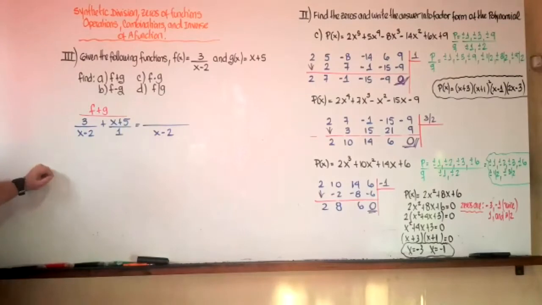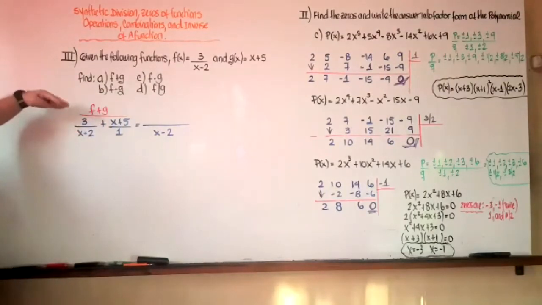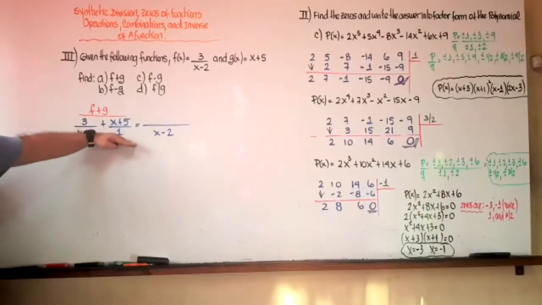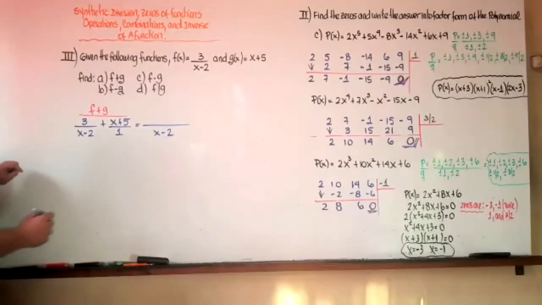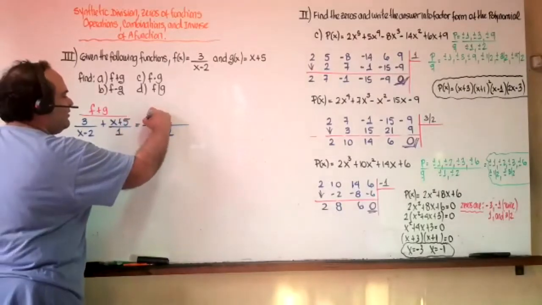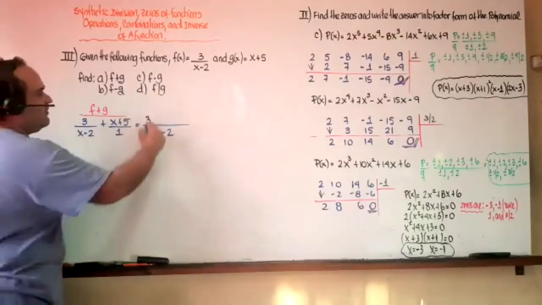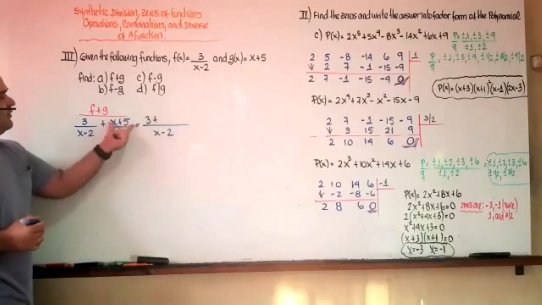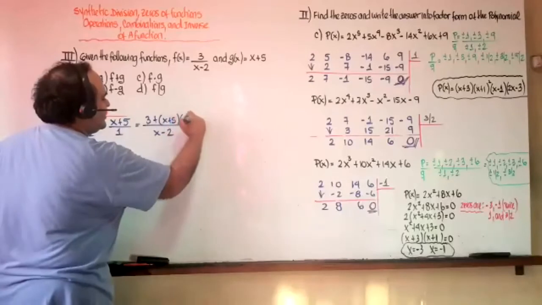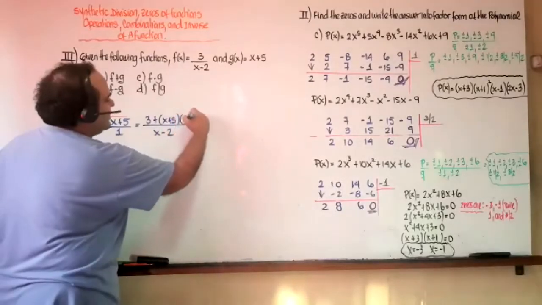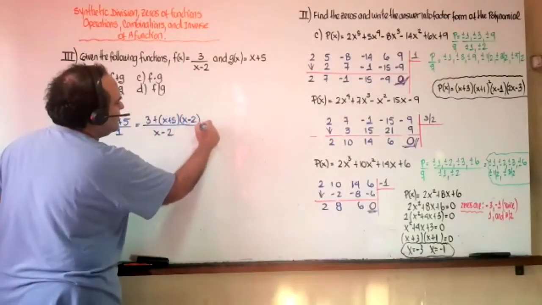Now the next step, we're going to apply cross multiplication, starting from the left side, numerator and denominator. 3 times 1 will be 3, okay? Plus the product between x plus 5 times x minus 2.